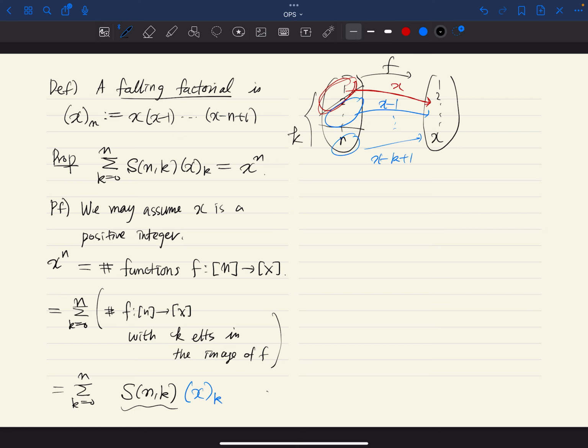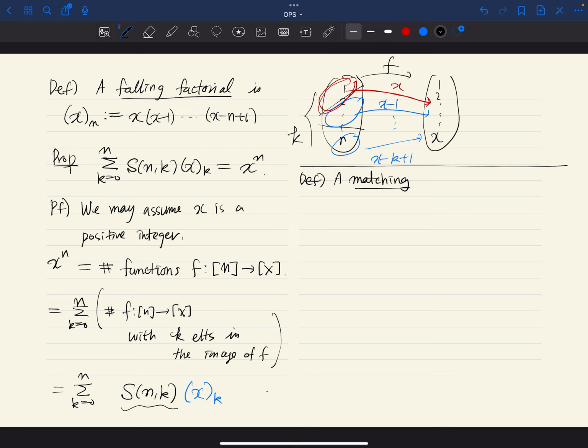Okay, so maybe I can do this here. Now matching. Matching is really a simple thing. It's a special kind of set partition.